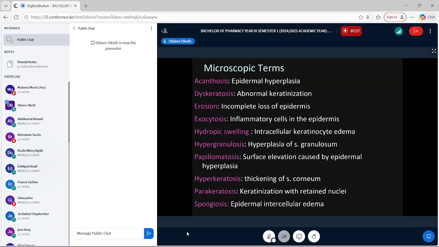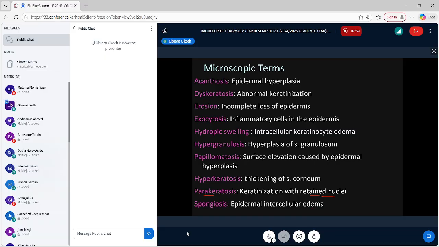Papillomatosis means the surface is raised, there's epidermal hyperplasia. In the thickening of the stratum corneum, the term we use is hyperkeratosis. If there's thickening of the stratum corneum, but we can still see nuclei, the term we use is parakeratosis.